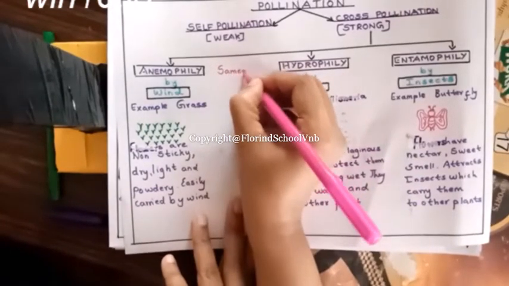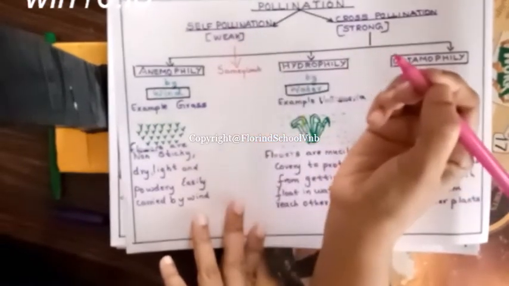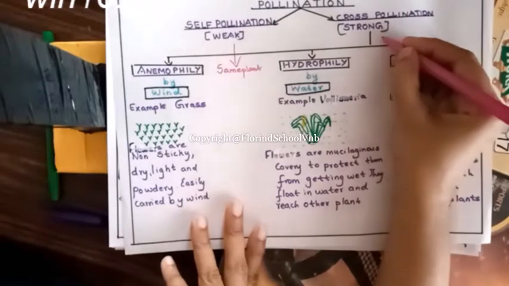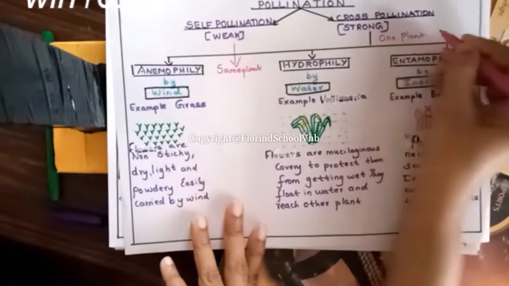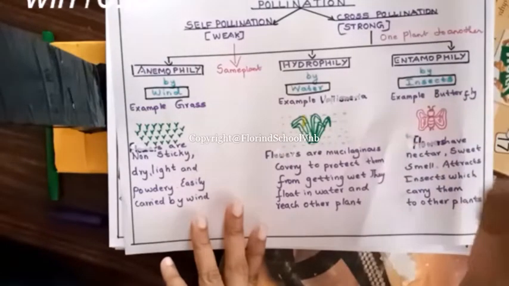Same plant. So, self-pollination is weak. Cross-pollination takes place from one plant to another. So, it is strong.